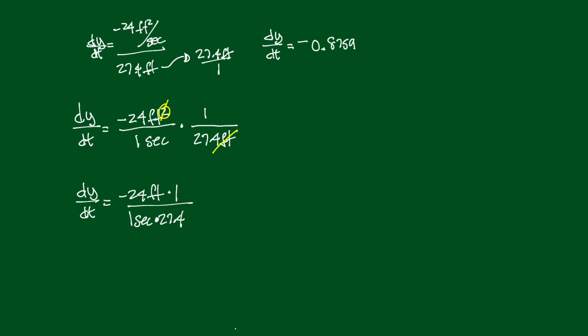What's left on the top is feet, and on the bottom, seconds. So let's fix this up a little bit. If we round it off, dy/dt is equal to negative 0.88 feet per second. That's what we're looking for.